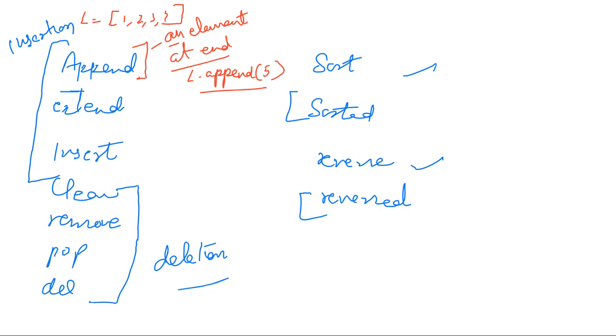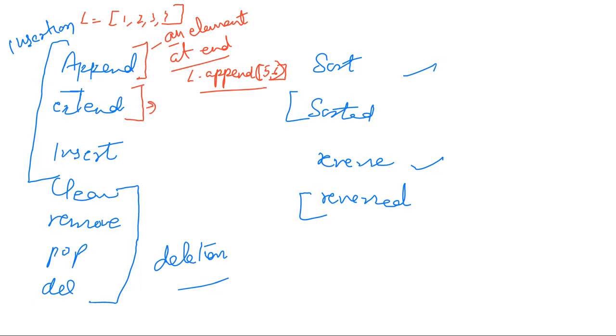Now suppose I write 5, 6 here, or in list form. It will give you an exception or error that append allows only one argument and you are giving more than one element. If you want to overcome this problem and insert more than one element inside your list, or a list inside your list, you can do this with the help of the extend function.